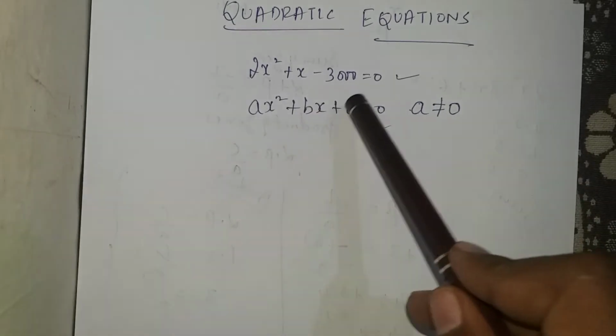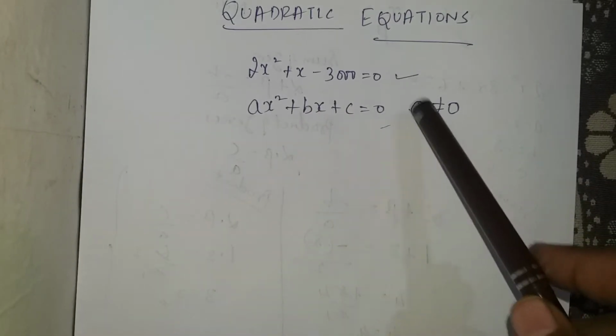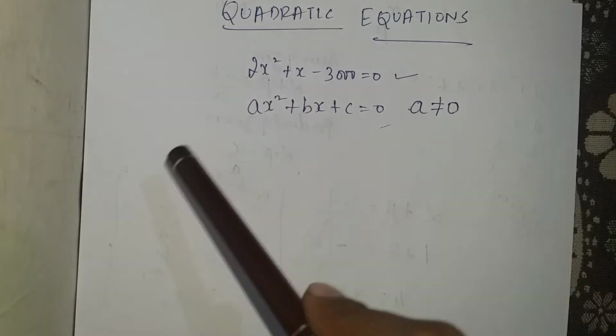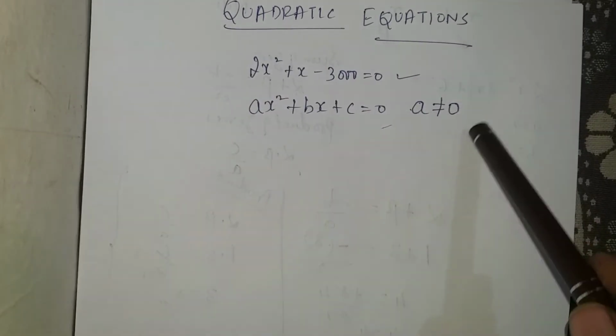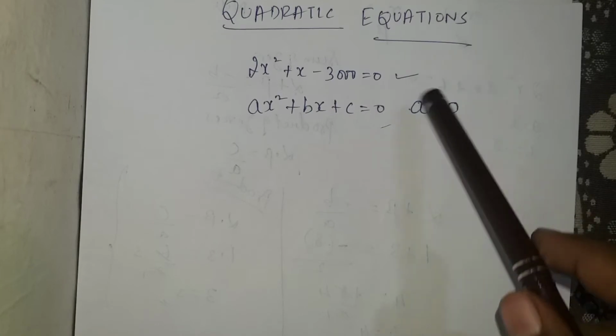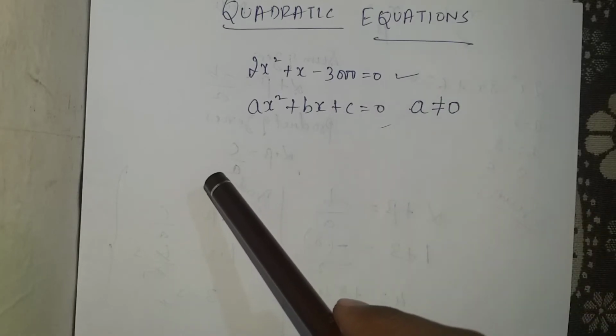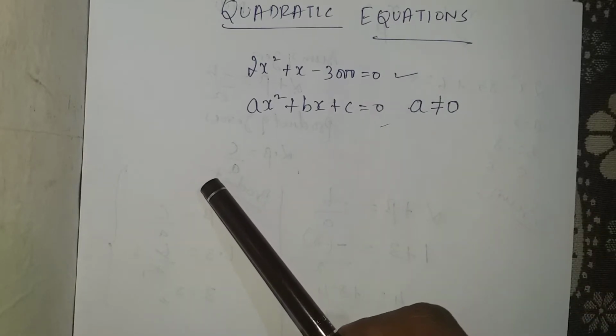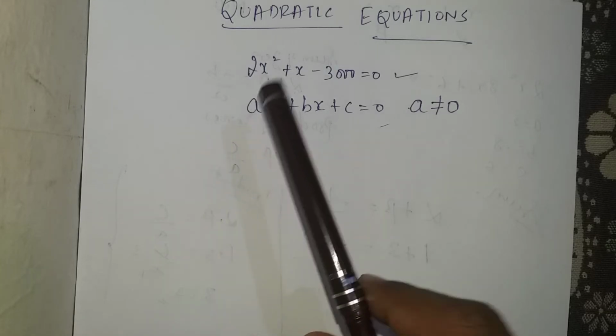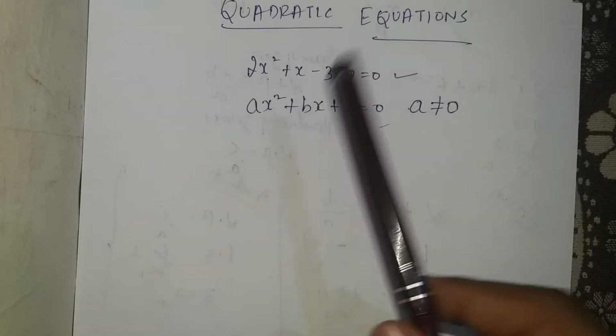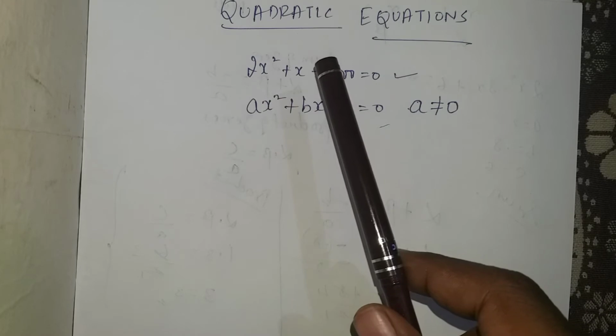In place of a, the value should not be 0. Some number should be there instead of 0, and this x square must be there.